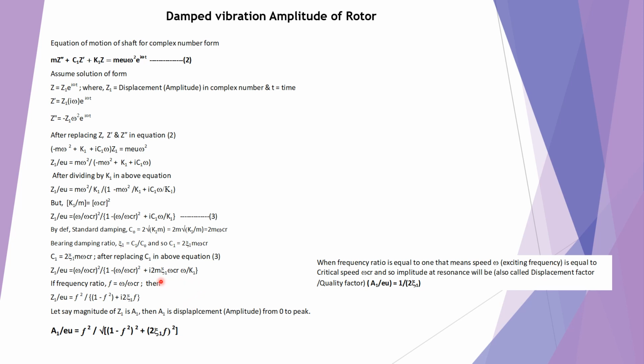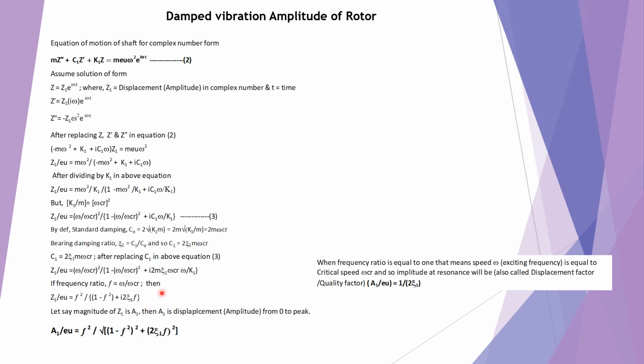Here k1 upon m can be written as omega cr square, so m will be cancelled. So if frequency ratio is F, which is equal to omega upon omega cr, then we can write z1 upon eu is equal to F square upon bracket start 1 minus F square bracket close plus i 2 zeta 1 F.